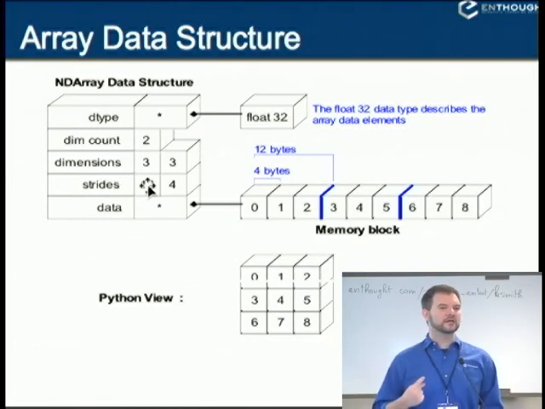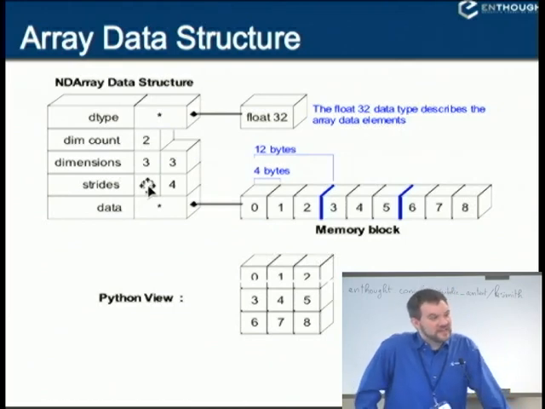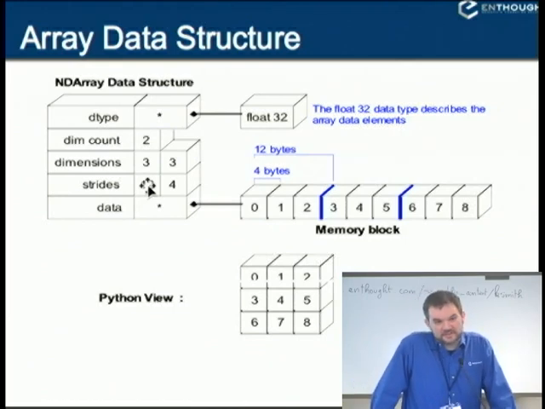So who can tell me if this array is laid out in row major or column major order? You should be able to look at the strides information and tell me that. Let's change the terminology: is it laid out in C contiguous order or Fortran contiguous order? C contiguous order, right?